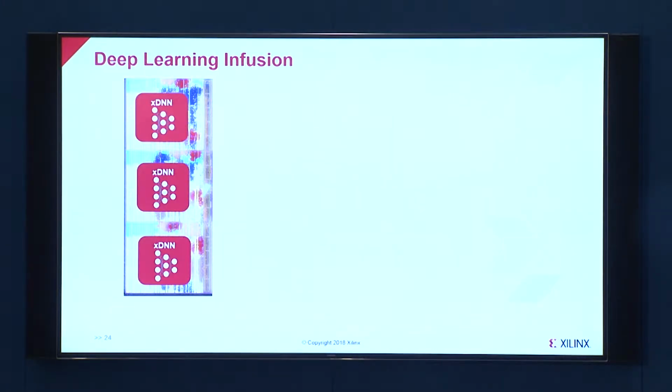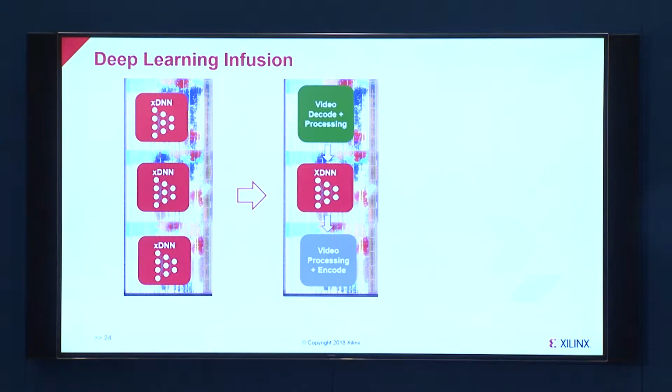Now you can deploy the whole FPGA to do deep learning inference, or you can do something more interesting. You can mix and match workloads. You could do decode processing, run some deep learning, and then do video processing, encoding, and send the data back.